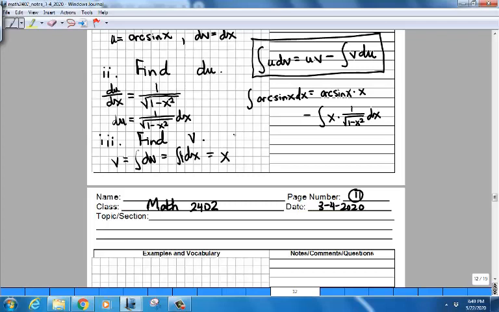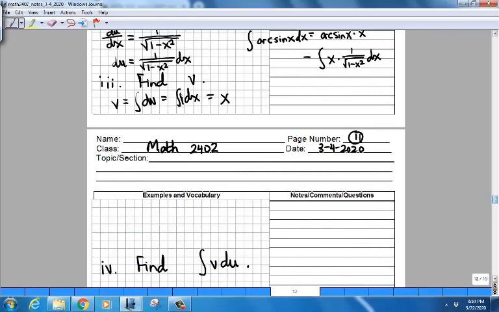It looks intimidating, but I think we can actually figure out this antiderivative. That's actually listed in the notes as this step: find this antiderivative of v times du. So let's do that.